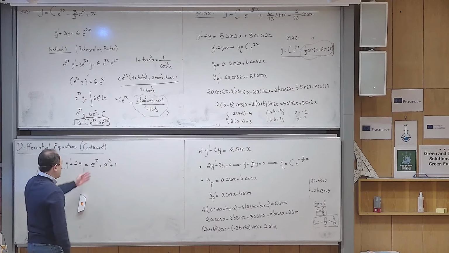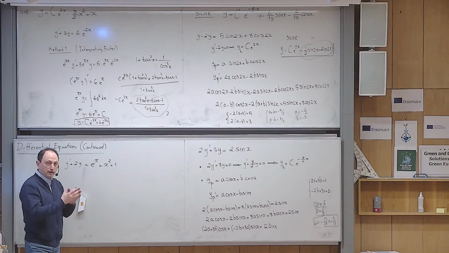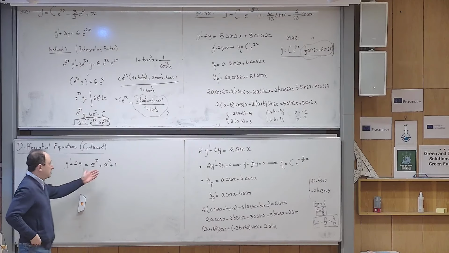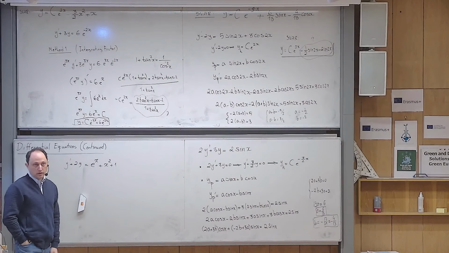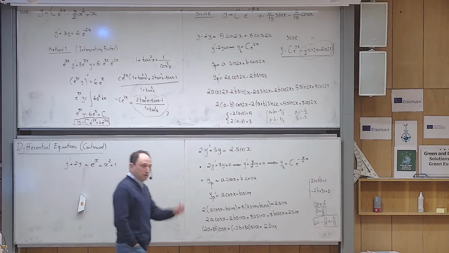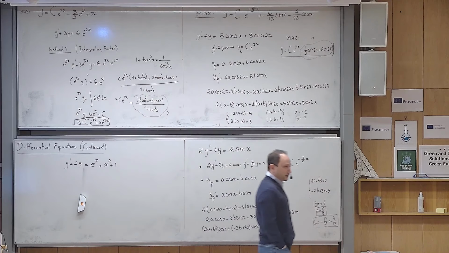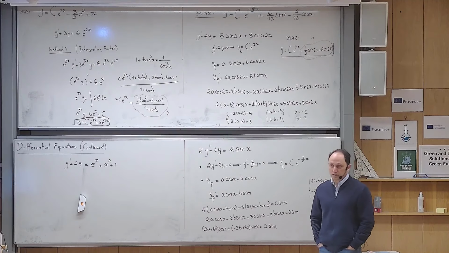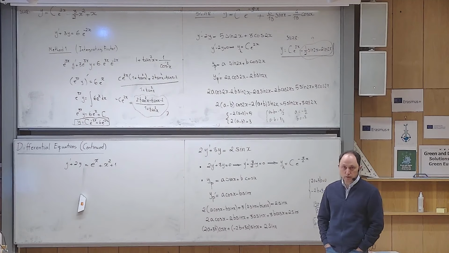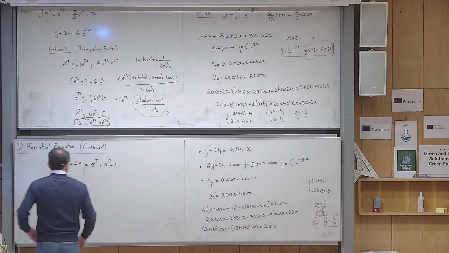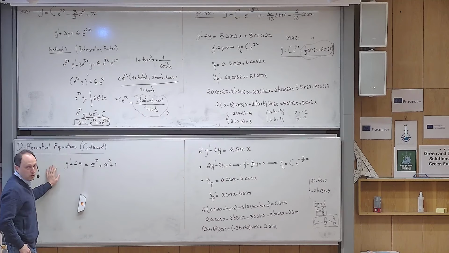Because now, on the right hand side, I do not have a purely exponential function. I do not have a purely polynomial function. I have the sum of them. Okay. And do you remember I said something in the previous lesson, but I didn't complete it there, and that was linearity of a differential equation. So that's extremely important here. I want you to understand the algorithm does not change at all.